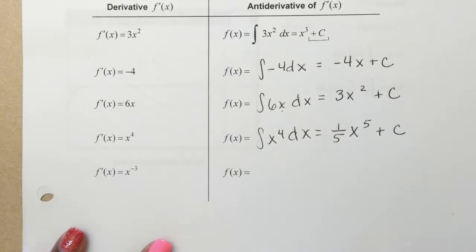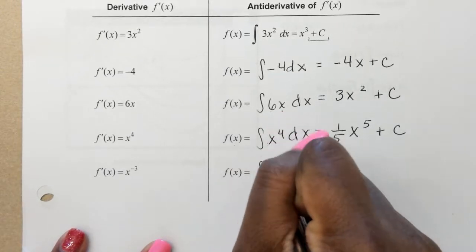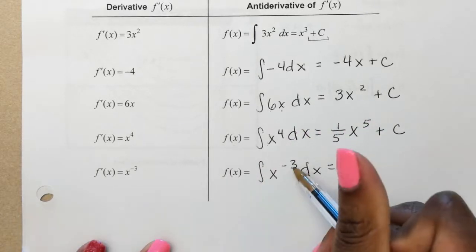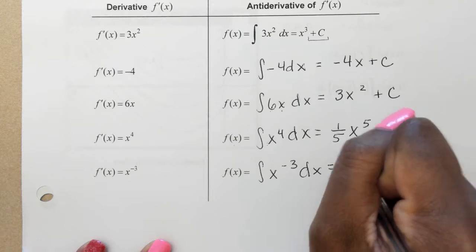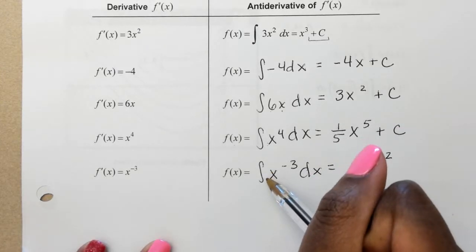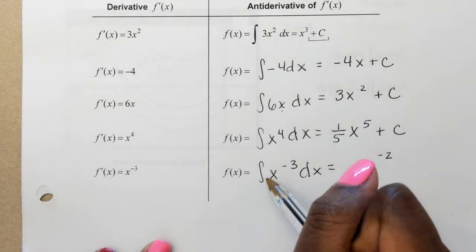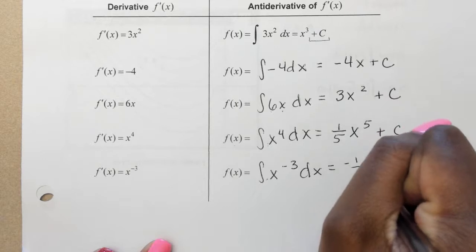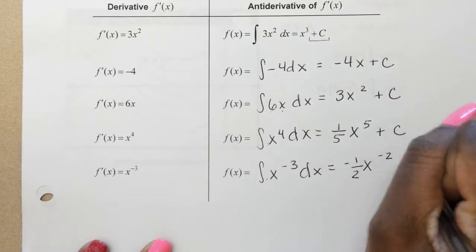Right, and here, this last one, we have the integral of x to the -3 dx. So we're going to add 1 to the exponent, and that'll give us x to the -2. And then we'll divide our coefficient by our new exponent. So 1 divided by negative 2 is negative 1/2, plus c.